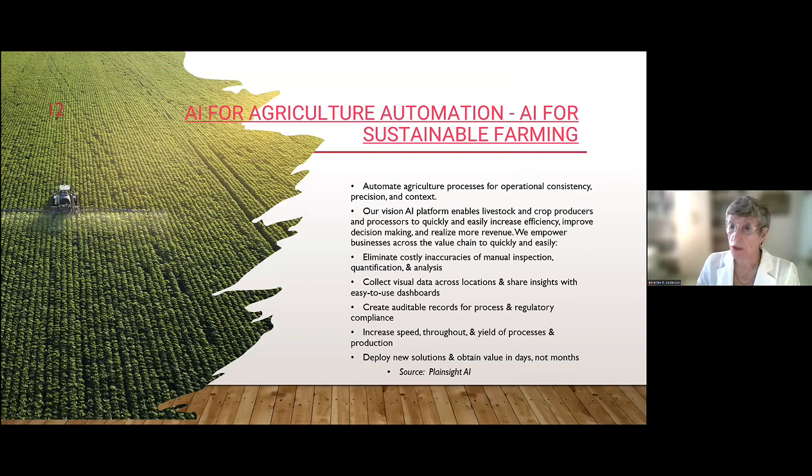This is a US firm, Plainsight AI, which is based in California, and they advertise themselves, this is just from their website, as AI for agricultural automation, AI focused on sustainable farming. Now, one of the things that we find is they said that this could really reduce inaccuracies. It would eliminate the need for costly manual inspections, and it could quickly increase efficiency, improve decision-making, and empower the value chain.